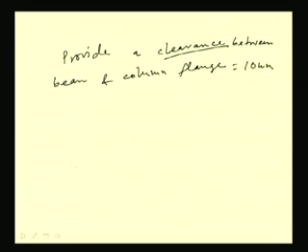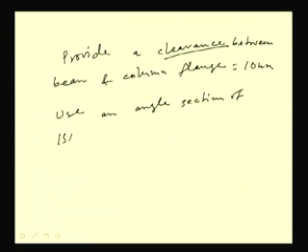And let us use an angle section, because we have to assume some angle section and then check it, of say ISA 100 by 65 by 10. So we are using the seat angle as say 100 by 65 by 10.